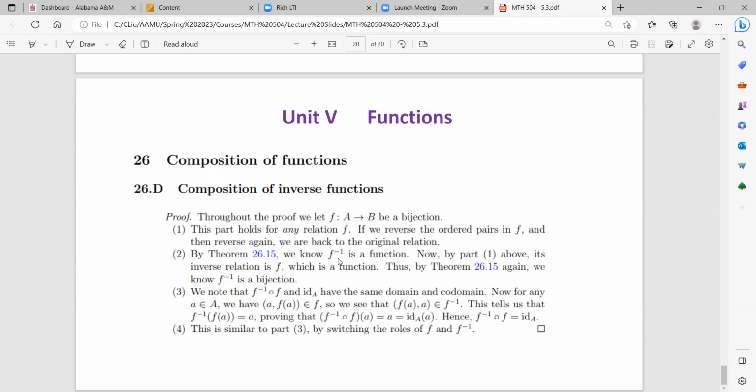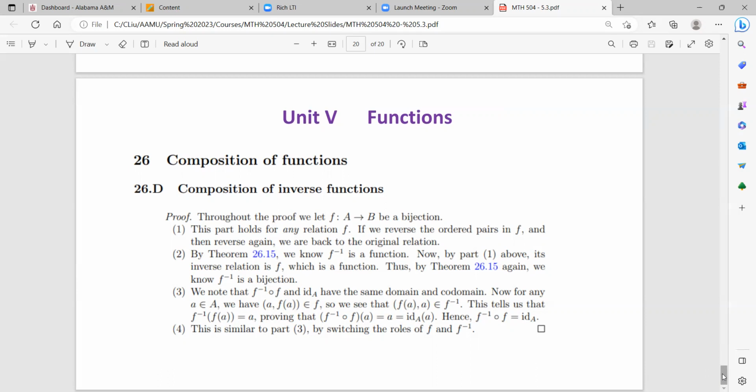If you use the first part, the inverse of the inverse is f, and f is a function. So then you just use the theorem again, and you can conclude f inverse is a bijection, because the theorem says the inverse of a function is a function if and only if the function is a bijection. So we know the inverse of f inverse is a function, which is f. Then using this theorem, we know f inverse is a bijection. All right.